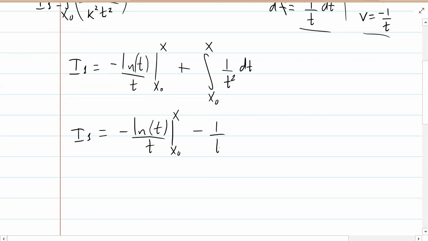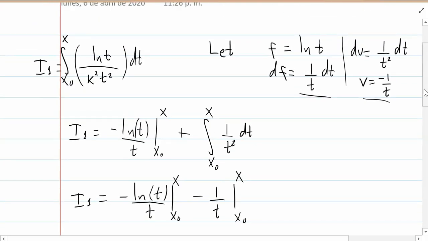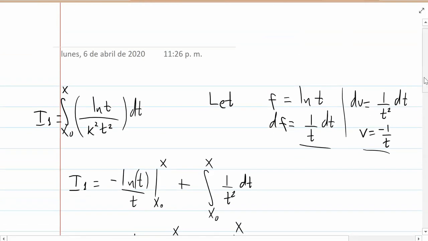This is going to be 1 over t negative, and of course plus some constant, but we don't need to write it since it's going to be absorbed in the function phi of y.